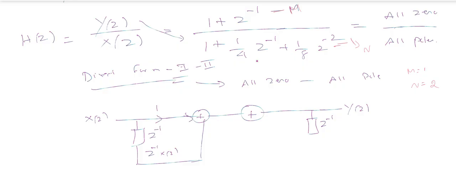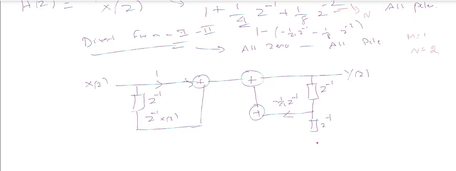So I told you, you write 1 minus of minus 1 by 4 z inverse minus 1 by 8 z minus 2. So z inverse, what are the coefficients? First, minus 1 by 4 z inverse, another delay element z minus 1, so we'll get z minus 2.